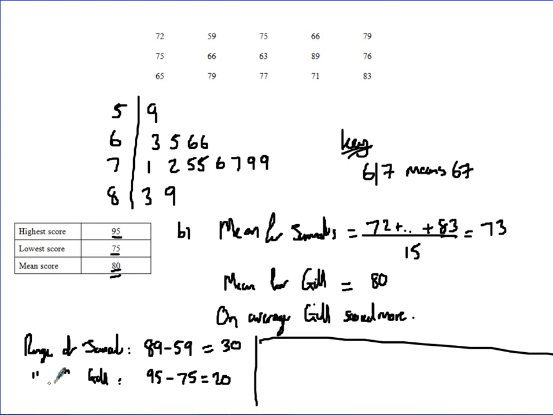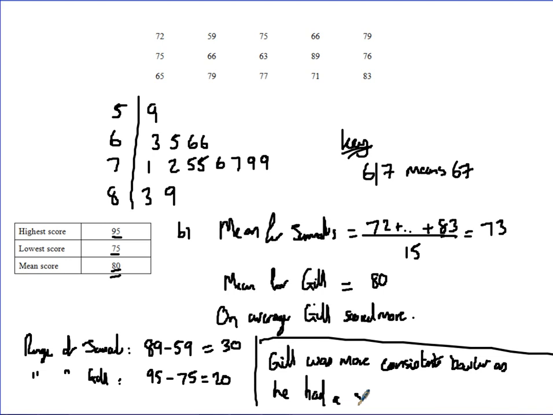So then also you can say on here, the smaller the range means the more consistent the values are. So you can then say that Jill was a more consistent bowler as he had a smaller range.